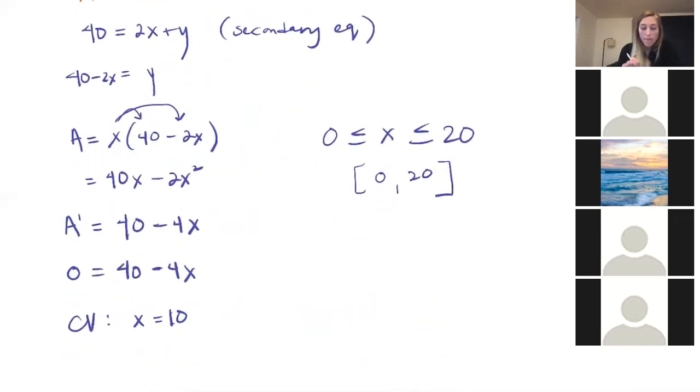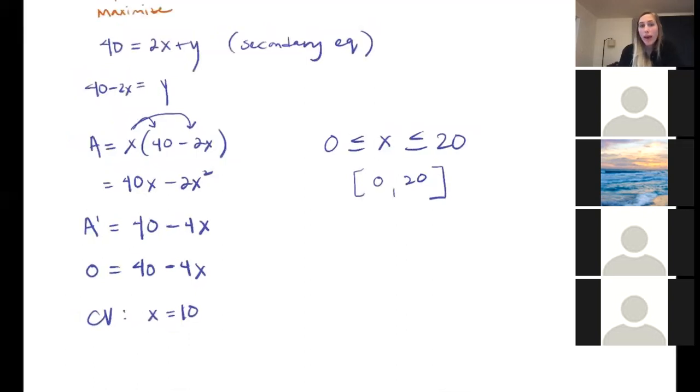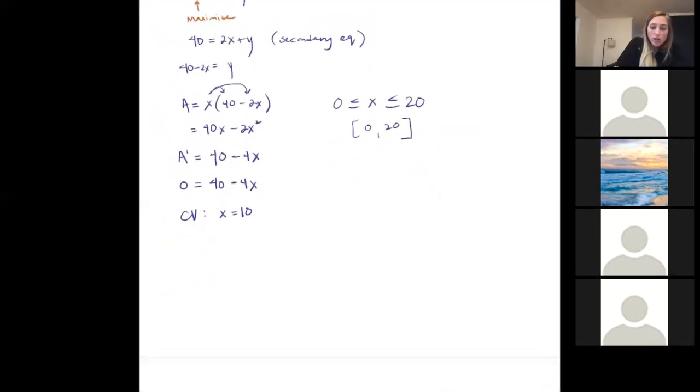So because our optimization equation is continuous and we are able to define it on a closed interval, we want to do that, so that then we can just make the table with the endpoints of the interval as well as the critical value or values that lie on the interval.